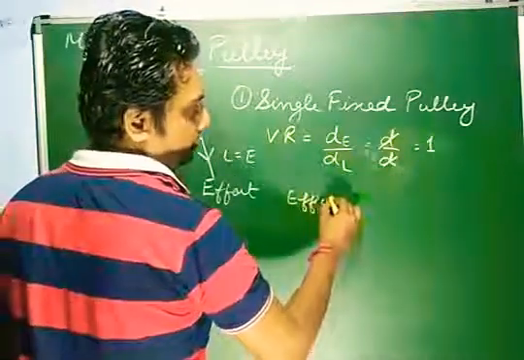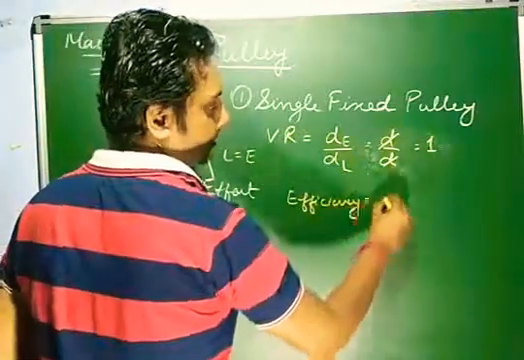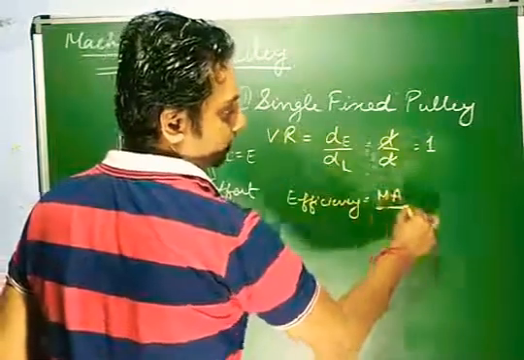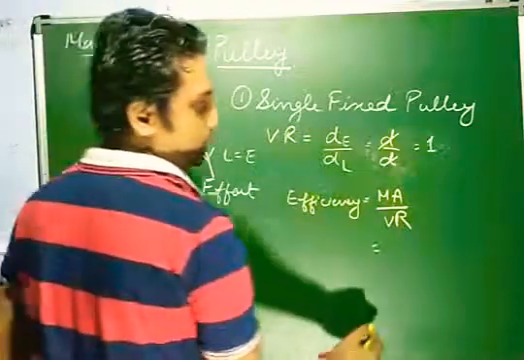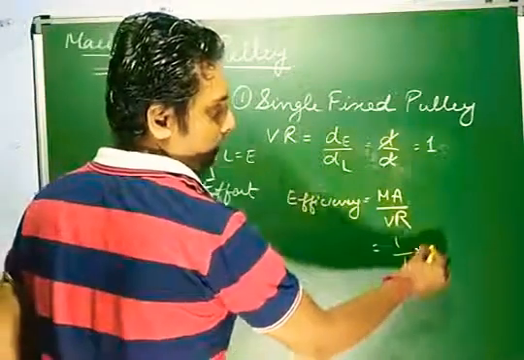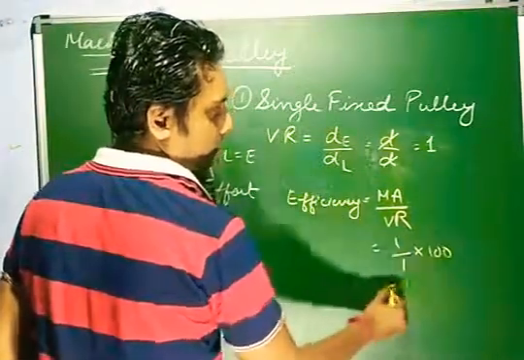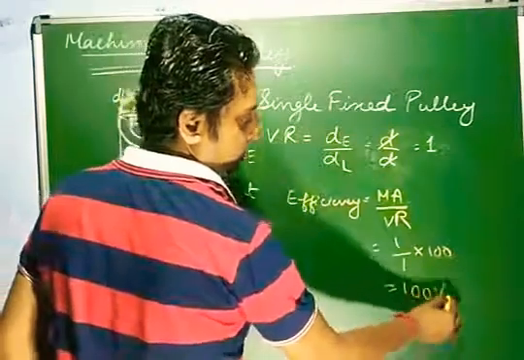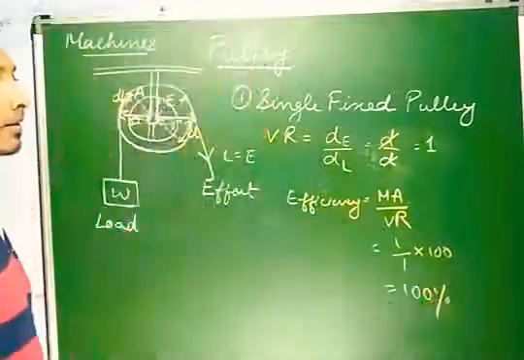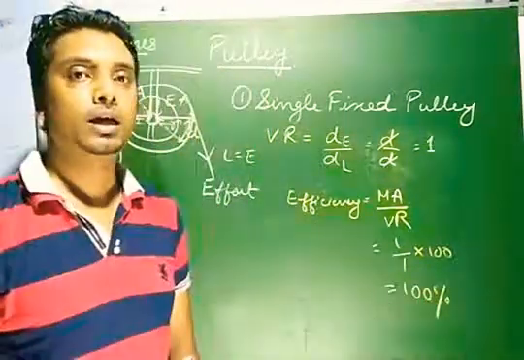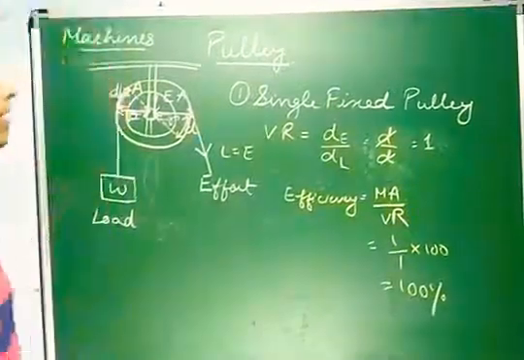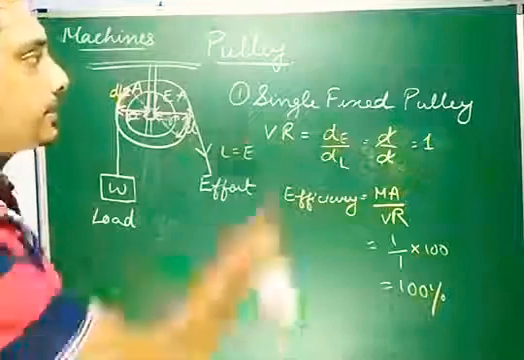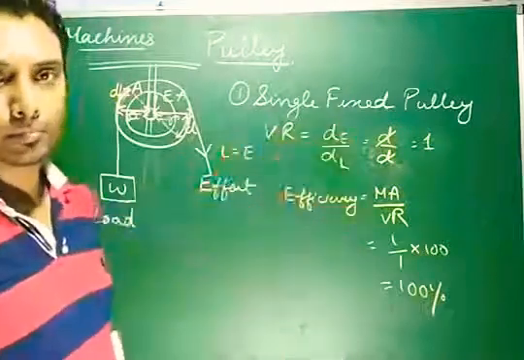Efficiency is equal to mechanical advantage by velocity ratio, that becomes 1 by 1 into 100, so 100% will be the efficiency. That is how it is with the single fixed pulley.